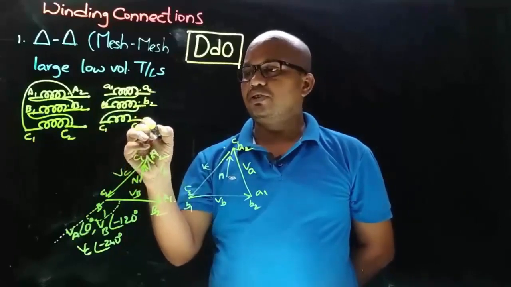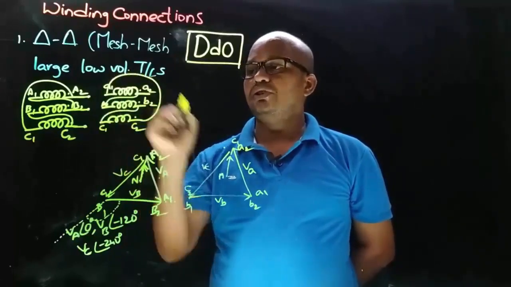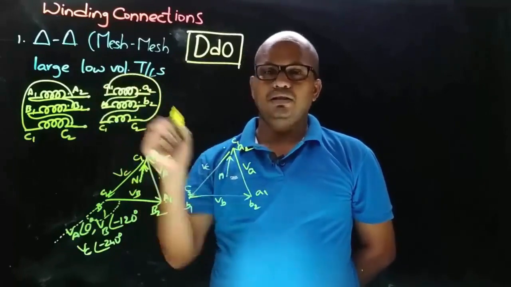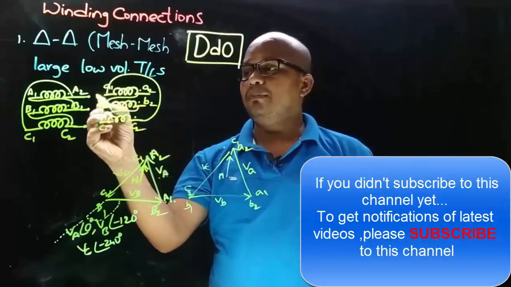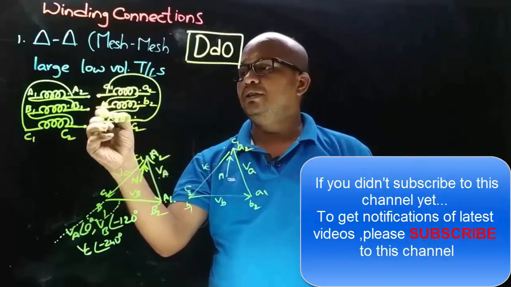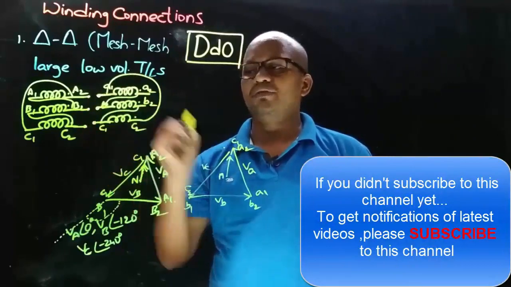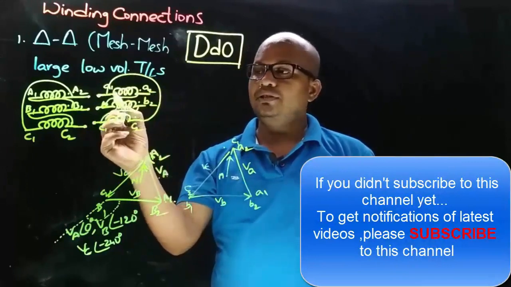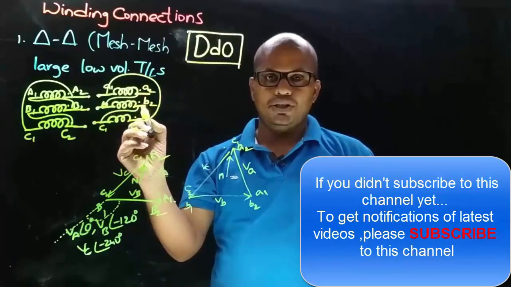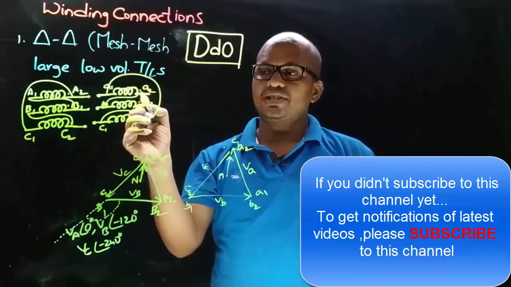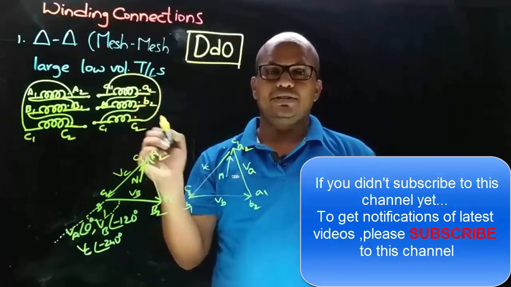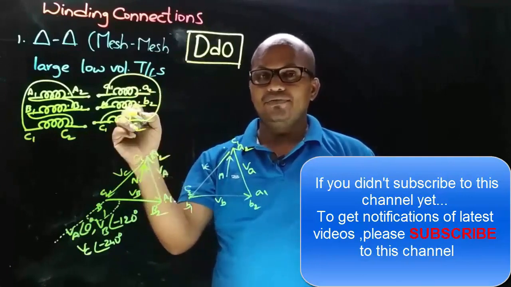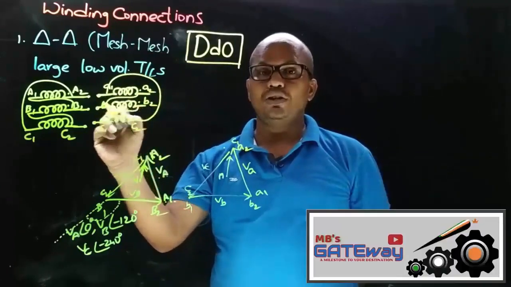So dot end of this coil is connected to non-dot end of the other coil. Okay, and here we are taking connections from A1, B1 and C1, and previously we joined the non-dot end with dot end, and we took the winding connections from A2, B2 and C2, that is we took the connections from dot ends, and in this case we are taking the connections from non-dot ends.